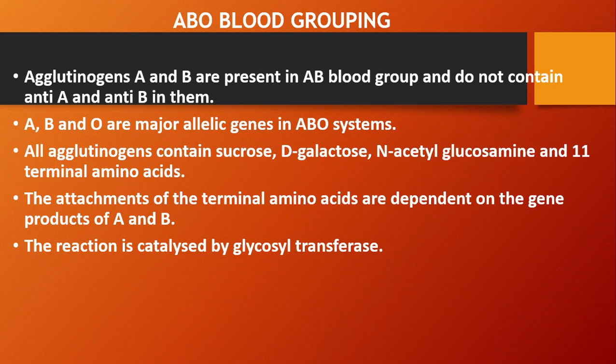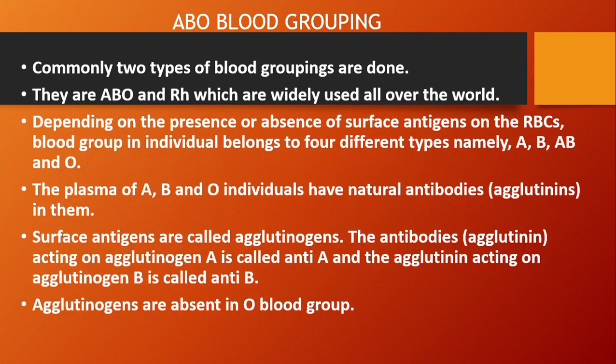So remember, these are the two major differences between the blood groups AB and O. In O, antigens are absent. Neither A nor B antigen is present on the surface of RBC in O blood group individuals, but the plasma of O blood group individuals has both antibodies A and B.